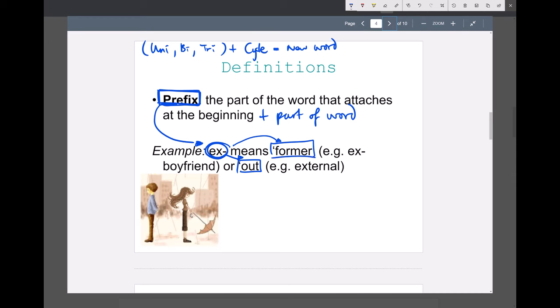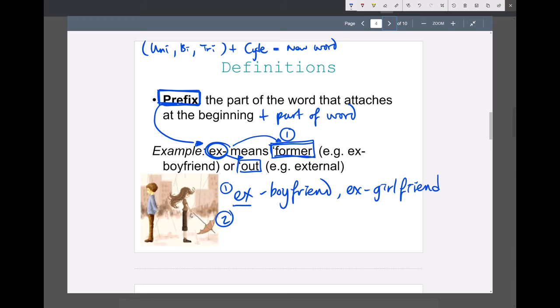So for example, if we use the first meaning of ex, you can say, for example, ex-boyfriend, or, you know, ex-girlfriend. Someone who was your boyfriend or girlfriend before. Former boyfriend, former girlfriend. So these combinations are new words.